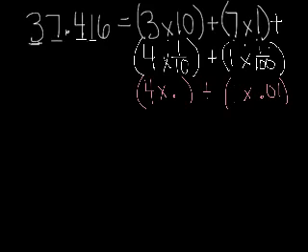Last but certainly not least, we're going to get to our very last place value, which in this number is our thousandths place. So with our thousandths, we have 6 of them. And we're going to add this number to our groups of tens, ones, tenths, and hundredths.